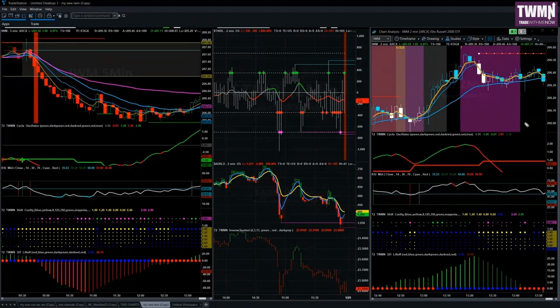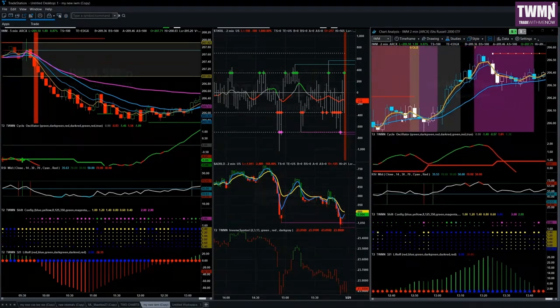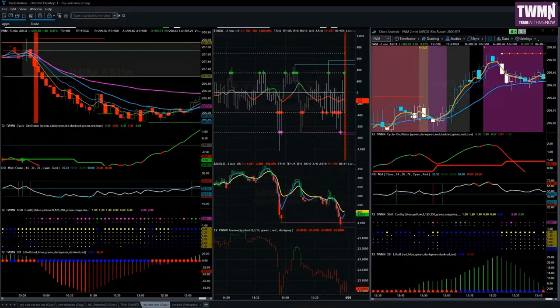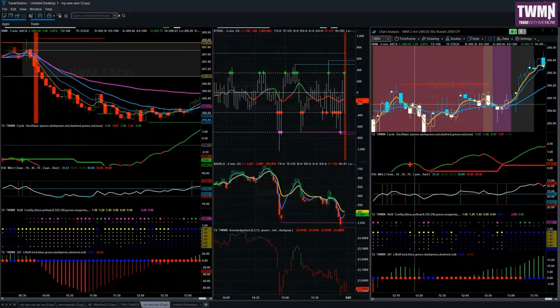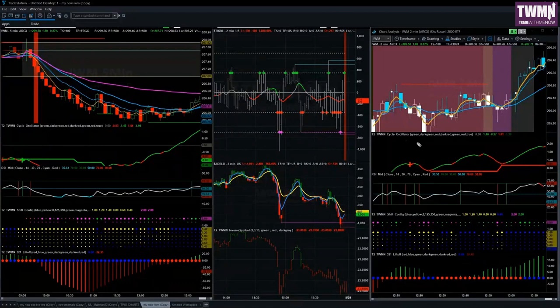You can see earlier, let's just look at a spot here. Sort of a reversal confirmation.